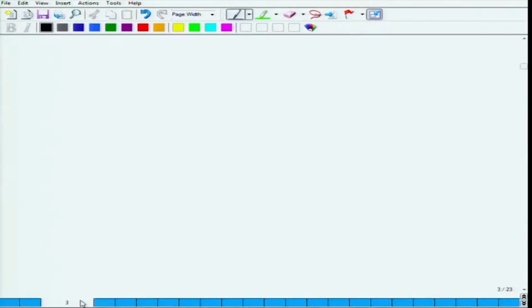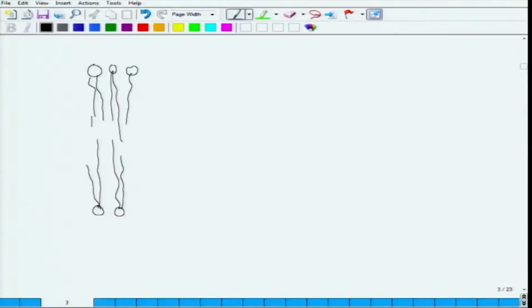Essentially what you will see is that the membrane consists of bilipids. This is how the membrane looks like, and please refer to any standard textbook, as I was mentioning in the last class. You can refer to Stryer, Lehninger, or any other standard physiology textbook.